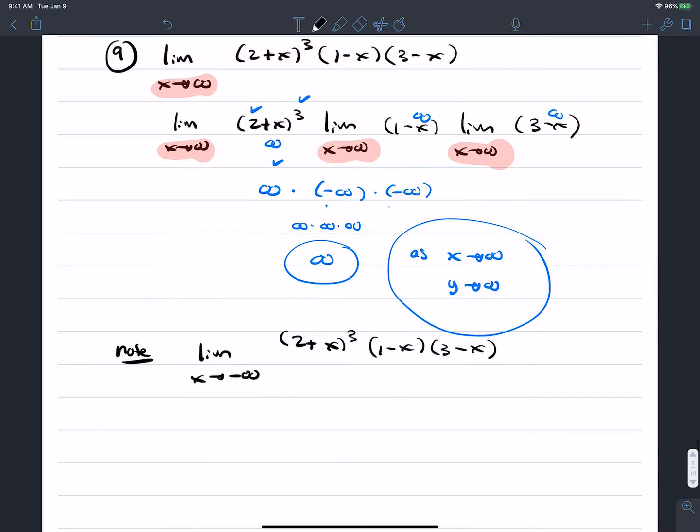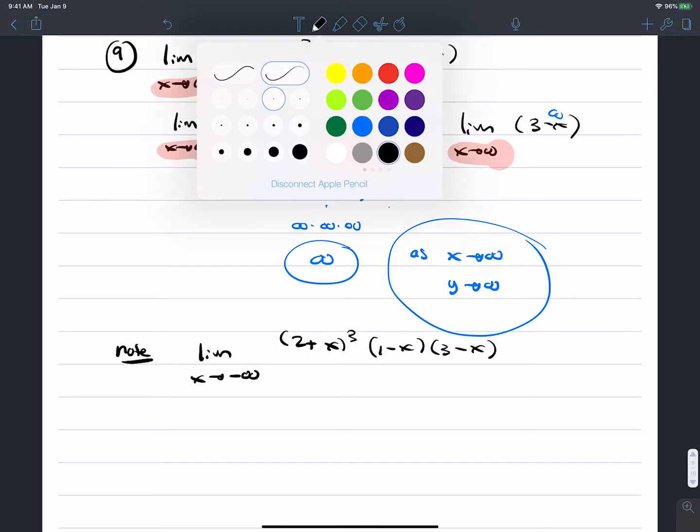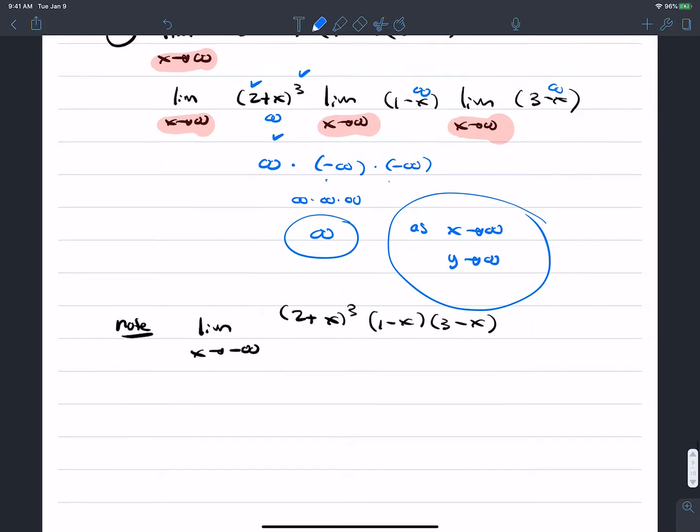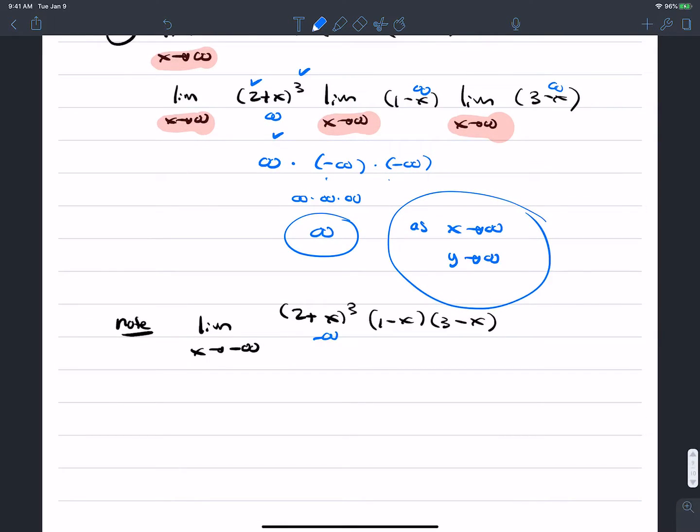What you kind of can do is, if you know this is the limit of a product and product of limits, just by looking at this, I know, okay, this is negative infinity, right? So 2 plus a negative infinity is actually going to be still negative infinity in a way, right? And if you cube that, what do you get? Minus infinity.